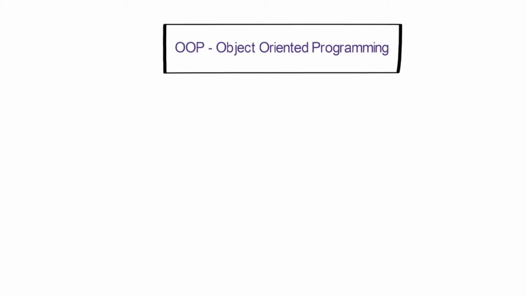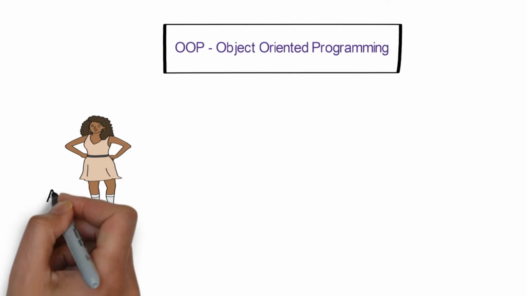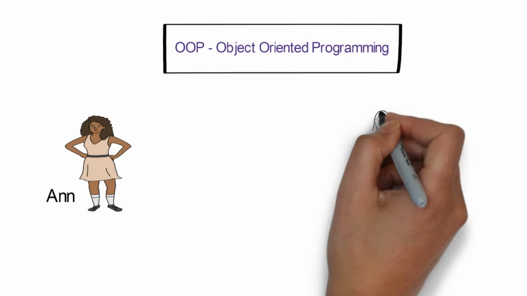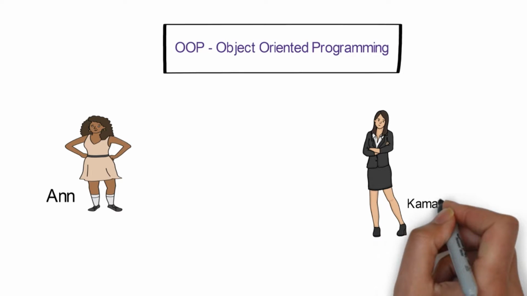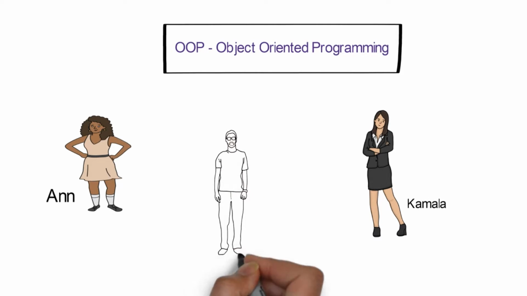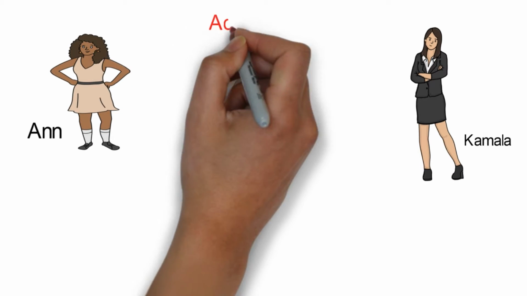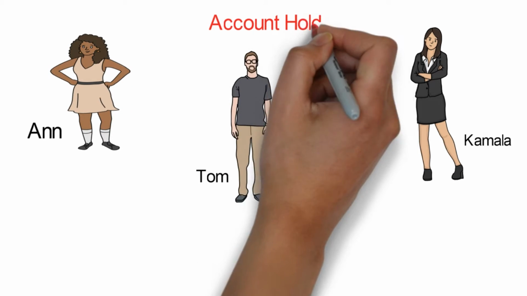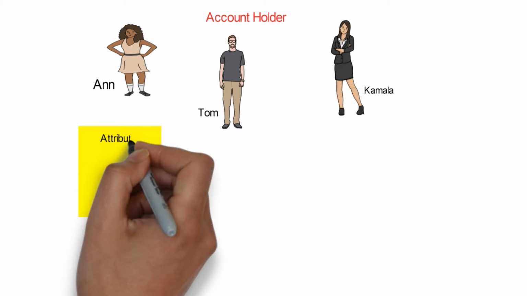Imagine an account holder in real life. For example, Anne, Kamala and Tom are three bank account holders we can see in real life. What are the different attributes an account holder can have?